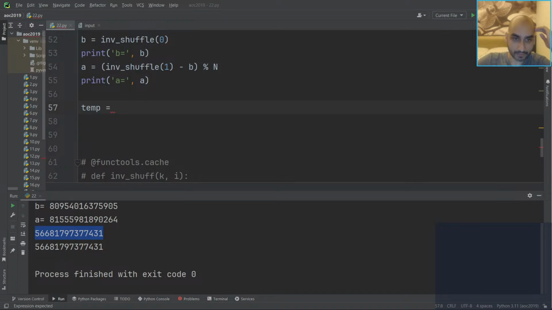A to the M minus 2 mod M. So it's A to the N minus 2. Okay, so the modular inverse of A minus 1, that's what we want.